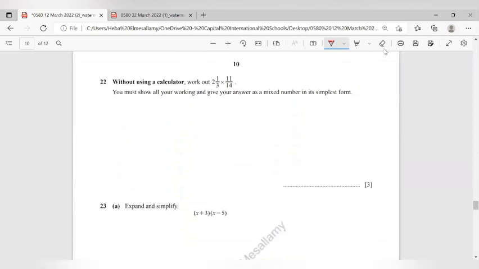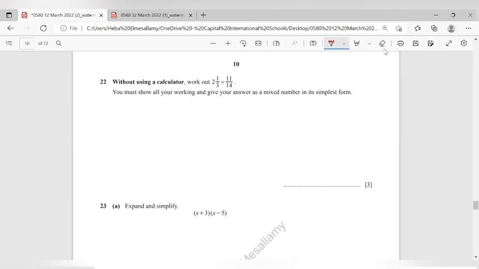Question 22, without using a calculator, this question is also a piece of cake. We have to just sort the question. I'm going to change the mixed number into an improper fraction. Of course, use the calculator, please. Don't forget the button Shift SD to just jump from mixed number, fraction, decimal form, and so on.